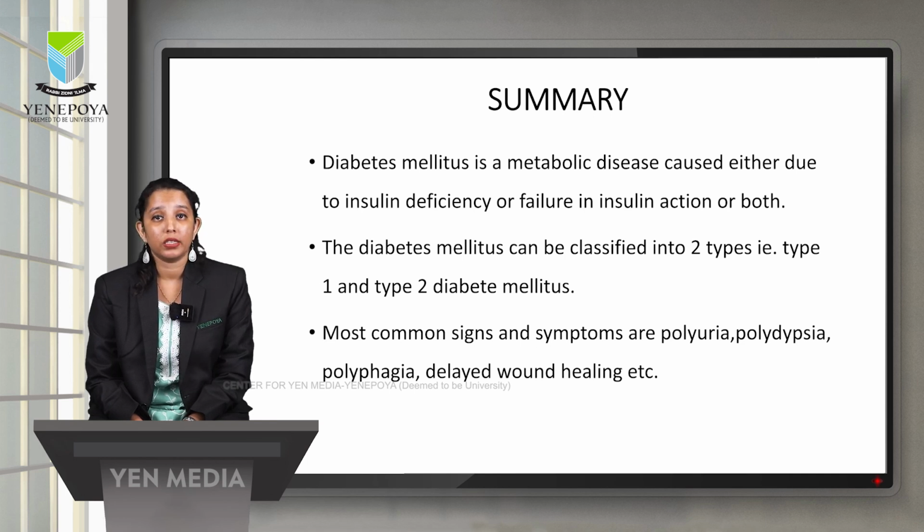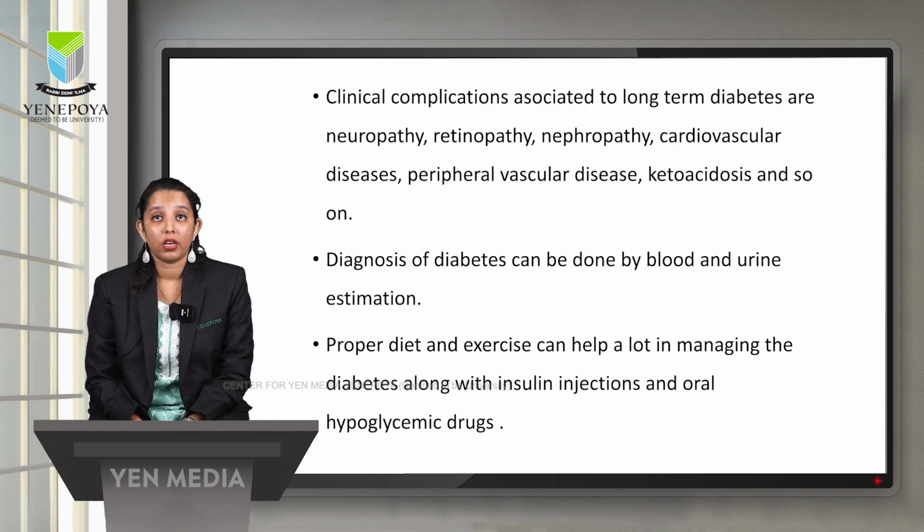Some of the most common signs and symptoms of diabetes are polyuria, polydipsia, polyphagia, delayed wound healing and so on. Clinical complications associated with long-term diabetes are neuropathy, retinopathy, nephropathy, cardiovascular disease, peripheral vascular disease, ketoacidosis and so on. Diagnosis of diabetes can be done either by blood or urine estimation. Proper diet and exercise can help a lot in managing diabetes along with insulin injection and oral hypoglycemic drugs.